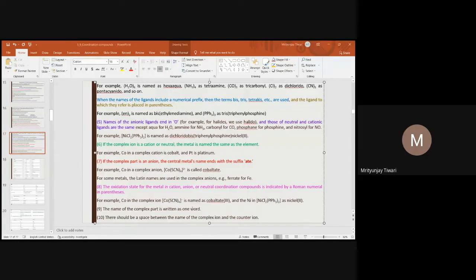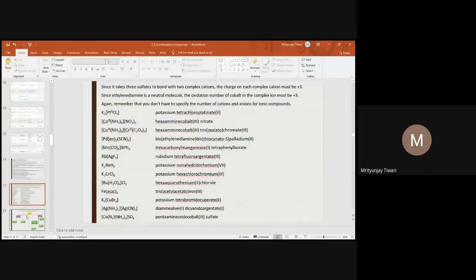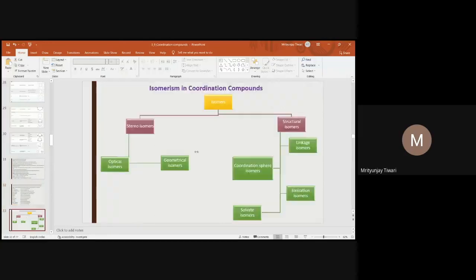I'll stop this lecture here, and after that, we will also see isomerism in coordination compounds. However, one thing I have not explained here is how the name of a compound will change in the case of isomers, because one can have different types of isomers, and you will not understand this because I have not explained isomerism in coordination compounds. So those rules I have not explained.